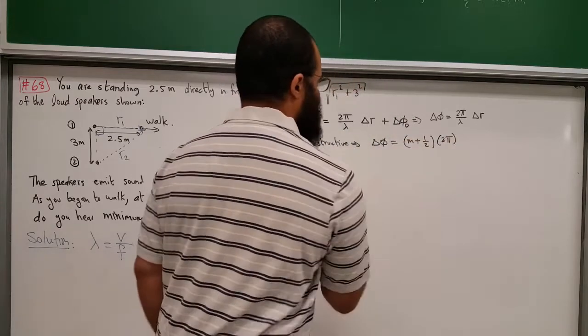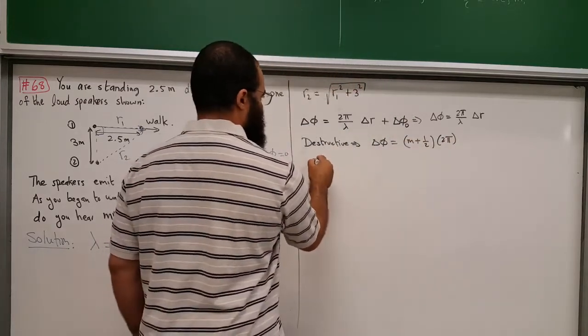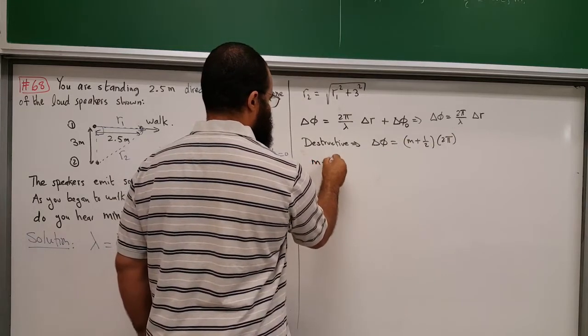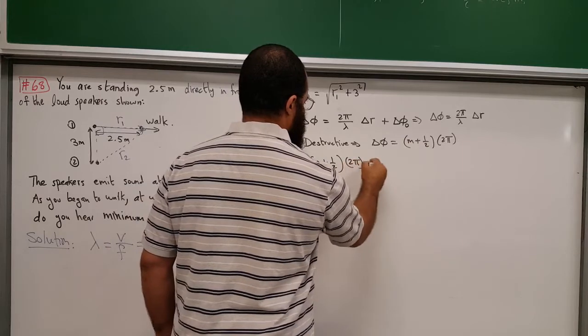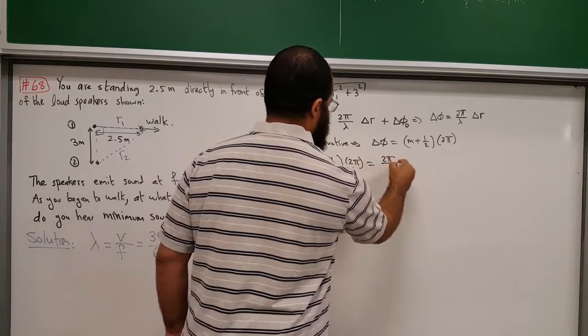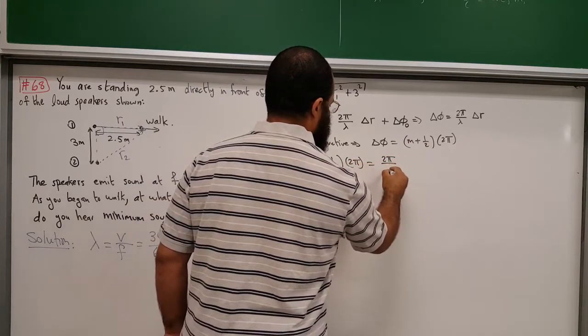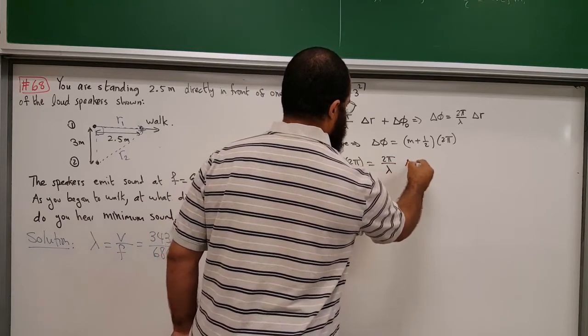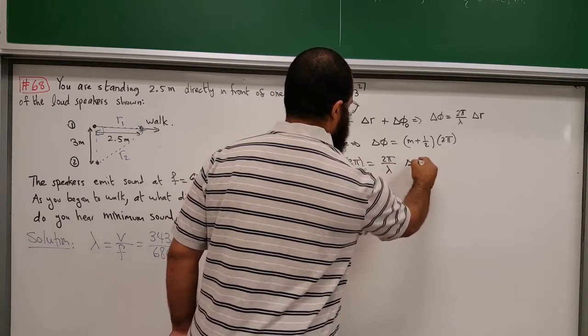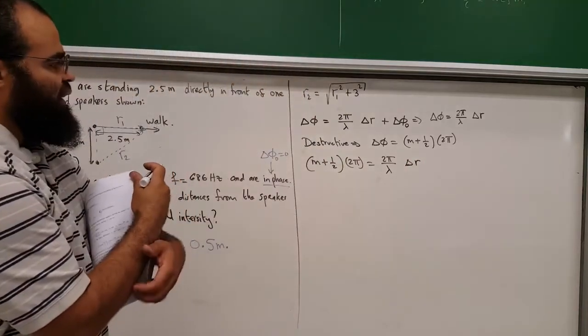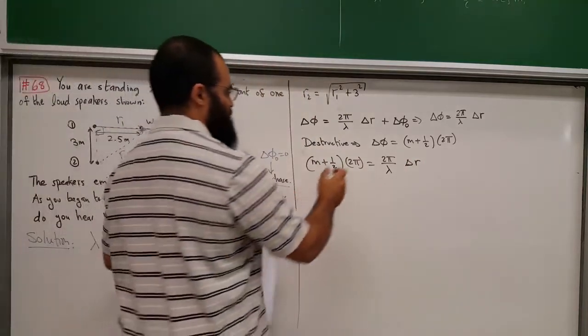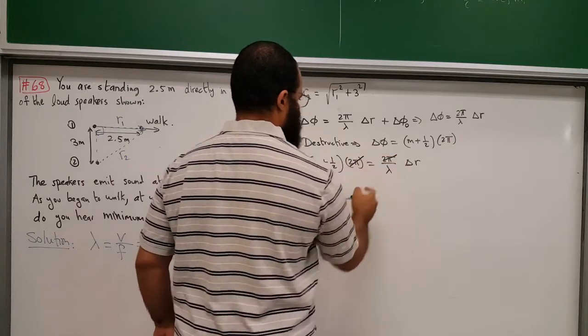So let's plug this on the left side. On the left hand side, I have m plus 1/2 times 2 pi will equal 2 pi divided by lambda, and then delta r. And this 2 pi goes away.